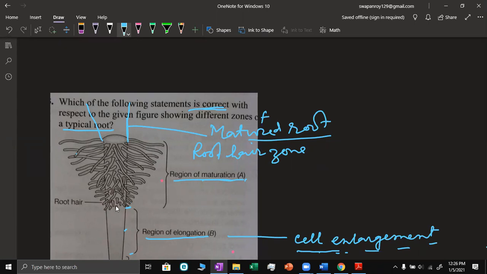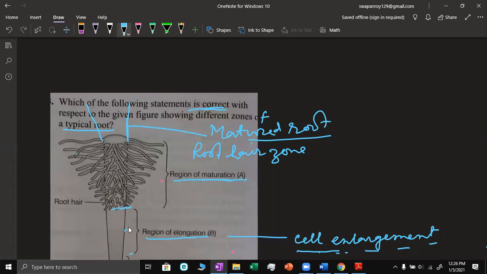Here only these cells will change into, some cells will be parenchyma, some will be collenchyma, some will be sclerenchyma, this xylem, phloem, okay, and also organs, etc. start developing from here. Pericycle, endodermis, etc. will start developing here.